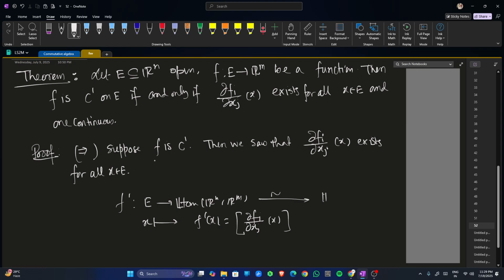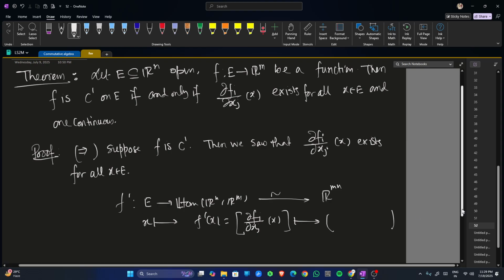This is isomorphic to R to the power mn. So a map from E to R^mn is continuous if and only if each of the component functions is continuous.